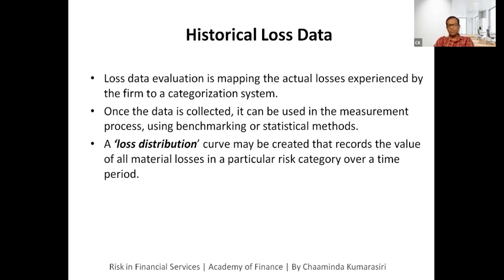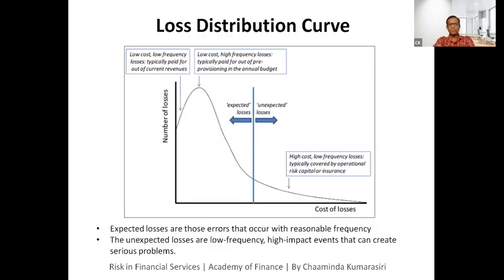And then you use them to draw a graph. So as you can see in the next slide, it's called the loss distribution. That loss distribution captures all the historical losses and their frequencies, right? The value of the loss and the number of occurrences.